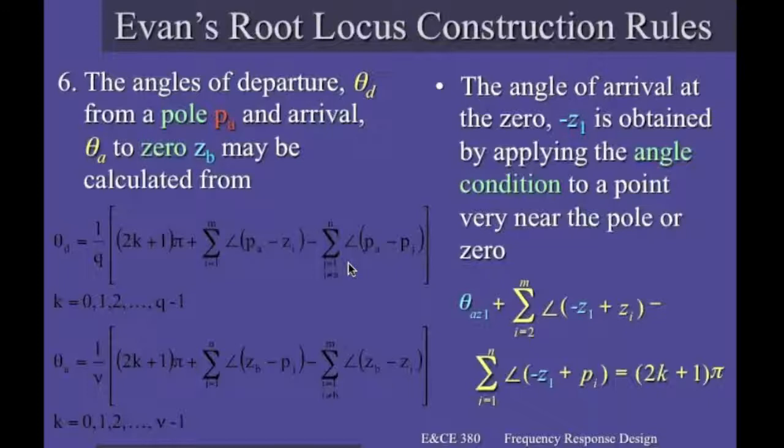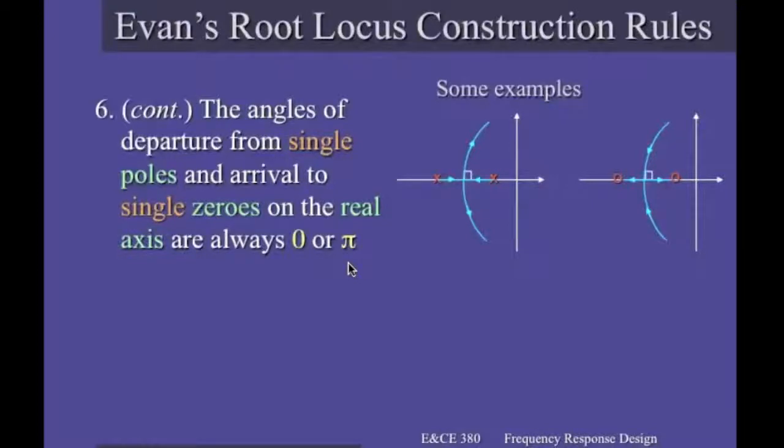So the 6th rule allows determination of the angle of departure from a pole and the angle of arrival to a 0.